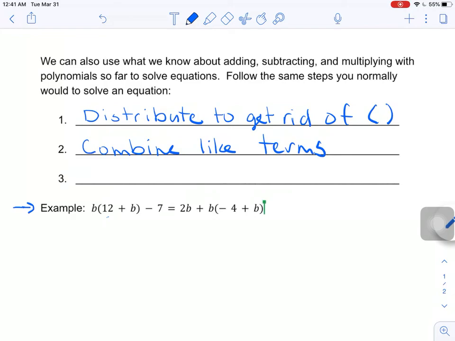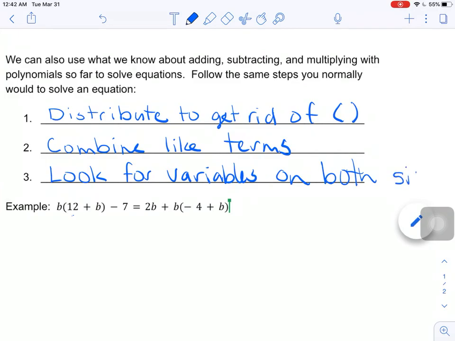And that is going to clean your equation up. Going through those last two steps, that's going to do a lot for your equation. The last thing you want to do, which is going to get your equation down to a point where you could probably see pretty easily what to do from there, would be to look for variables on both sides. Because if we have variables on both sides, then we should be doing some properties of equality, some canceling to get rid of some things on both sides.